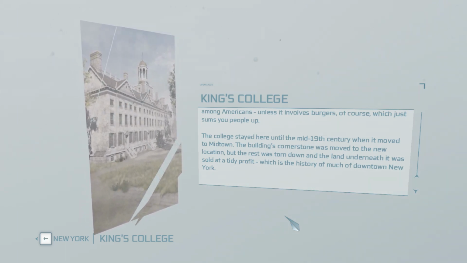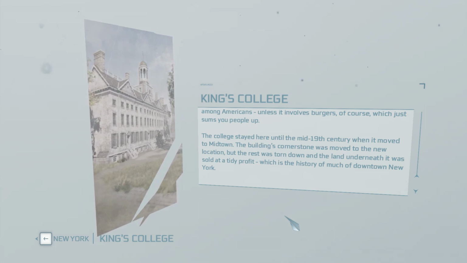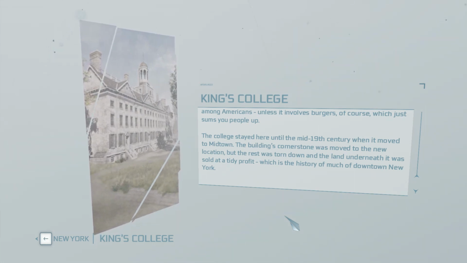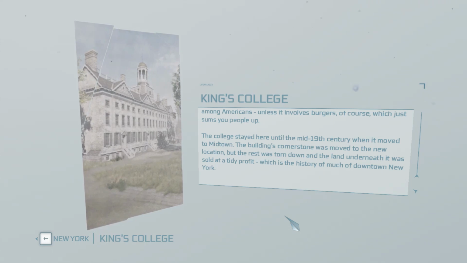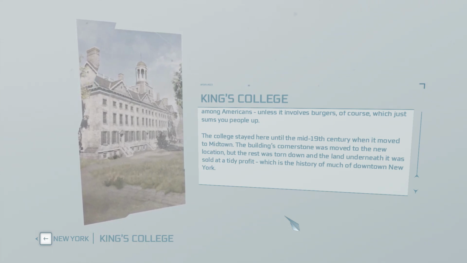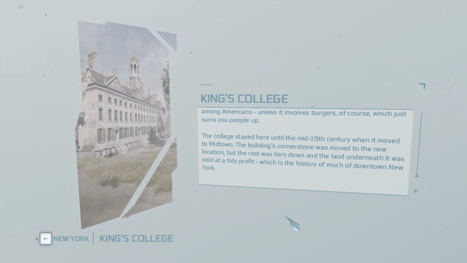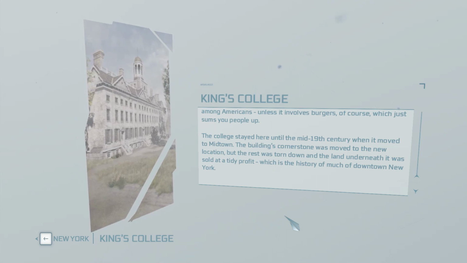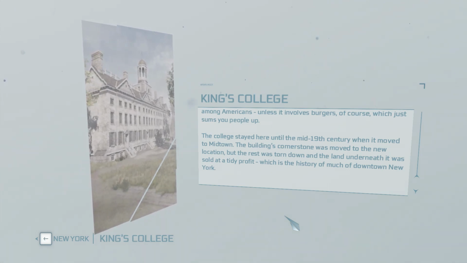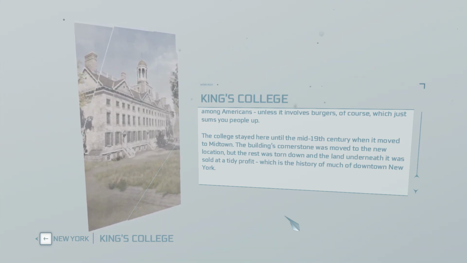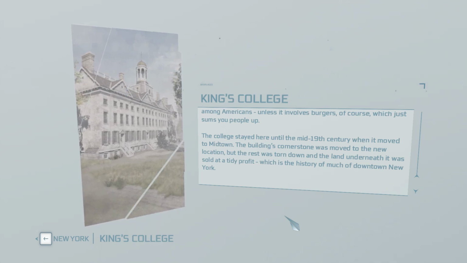The college stayed here until the mid-19th century when it moved to Midtown. The building's cornerstone was moved to the new location, but the rest was torn down and the land underneath it was sold at a tidy profit, which is the history of much of downtown New York.